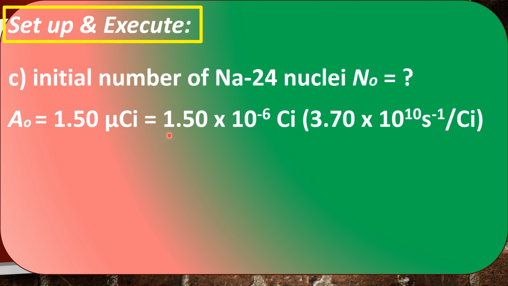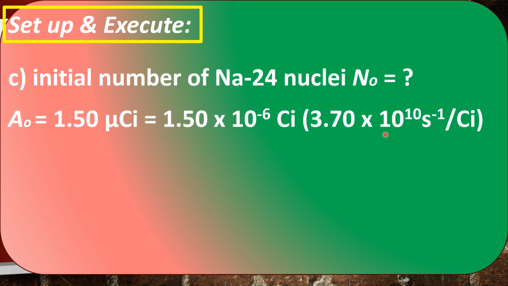Microcurie has been converted to curie. Then multiply that by the conversion factor, which is 3.70 times 10 to the 10th power becquerel per curie.